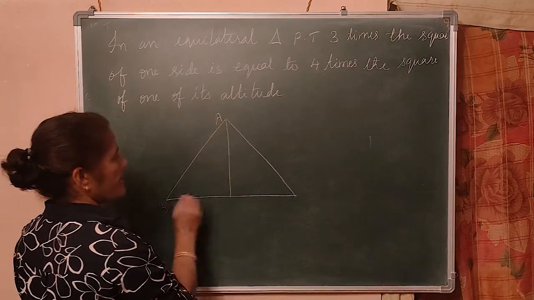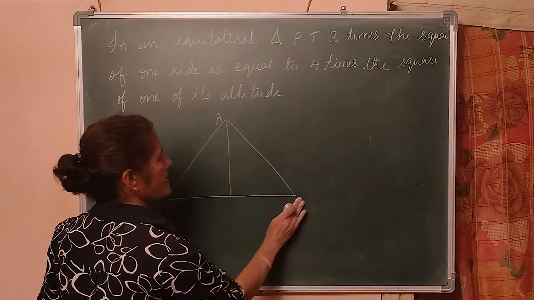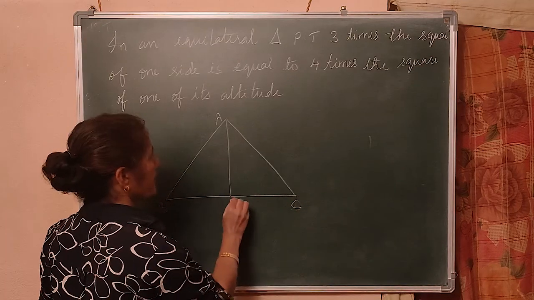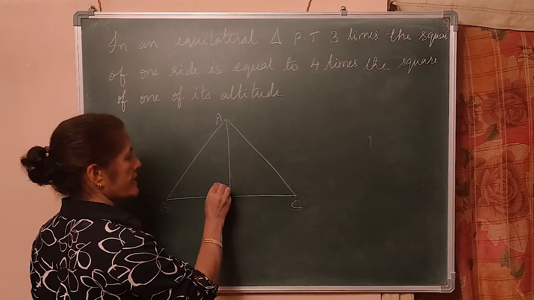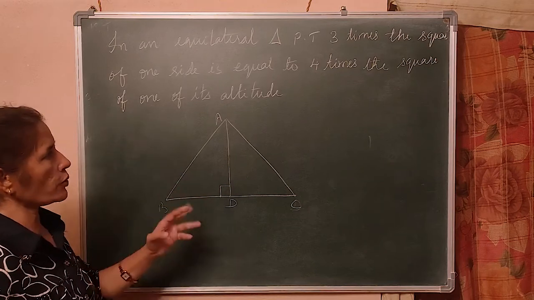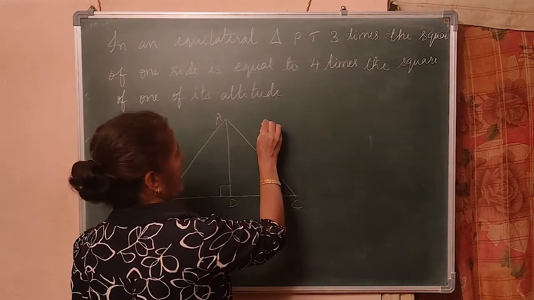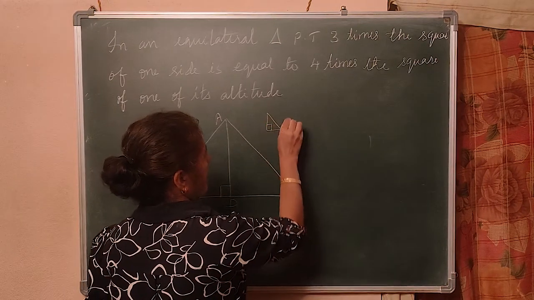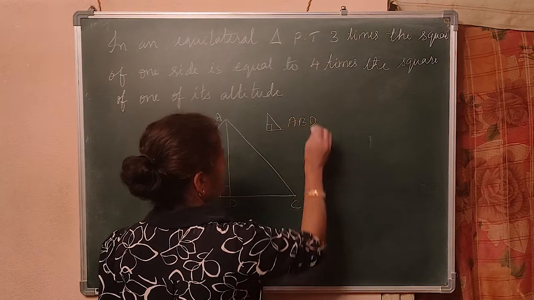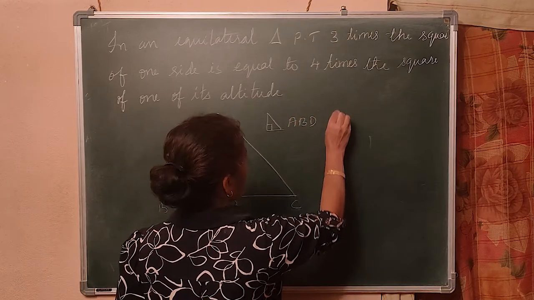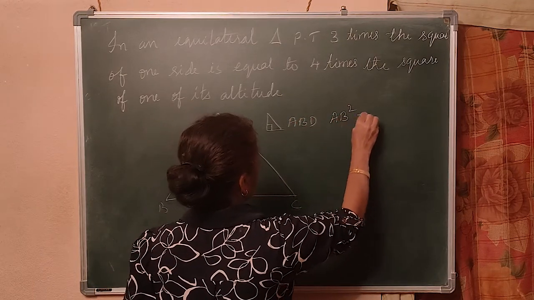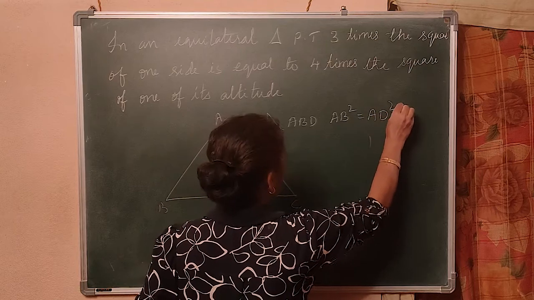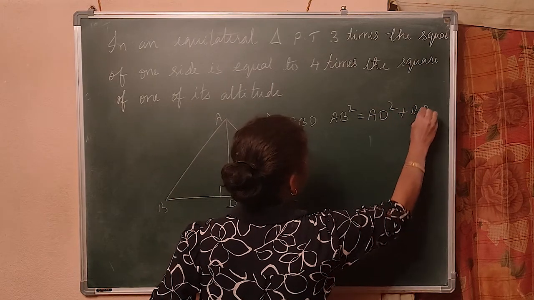A, B, C and D, AD is the altitude. So this is 90 degrees. Am I right? So in right angle triangle ABD, AB square is equal to AD square plus BD square.